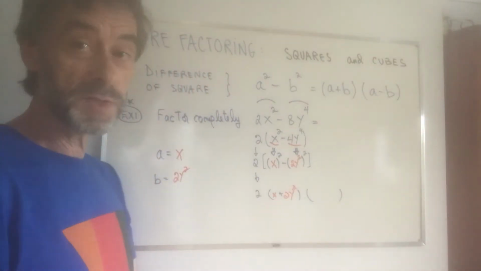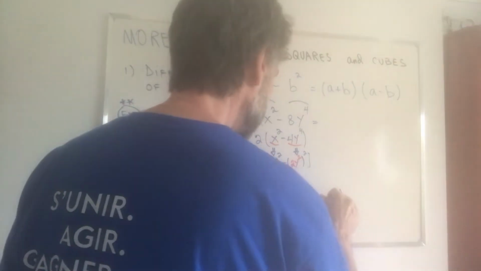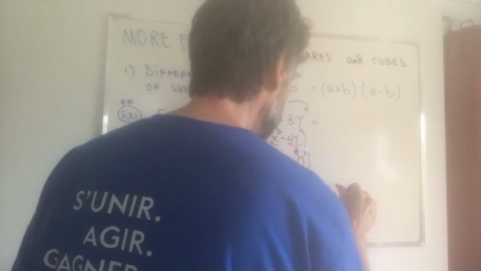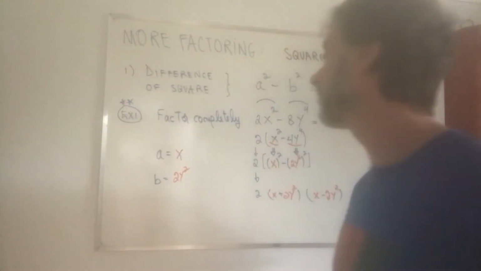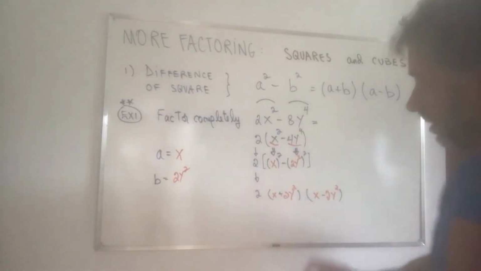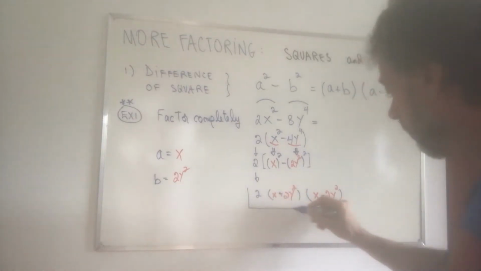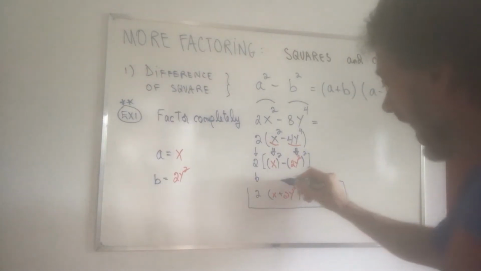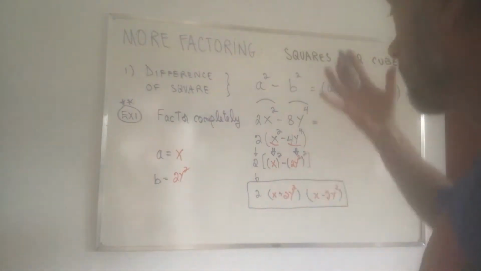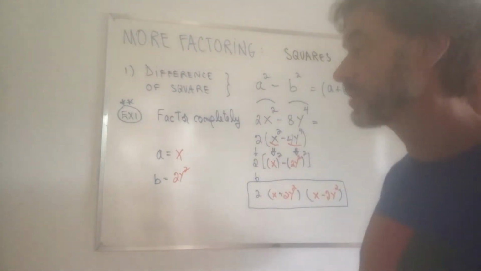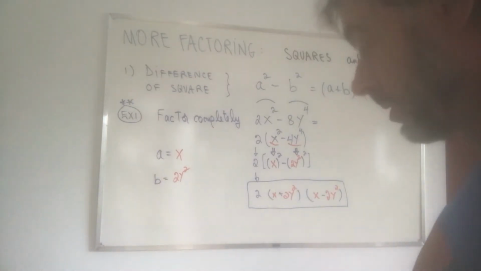And then the next bracket is exactly the same thing, except it has a minus. And that's it. That's the factoring of the original 2x squared minus 8y to the 4. We can box this should we want to because it is our respuesta final, the final answer. Okay, so difference of squares, that's pretty much how it goes.